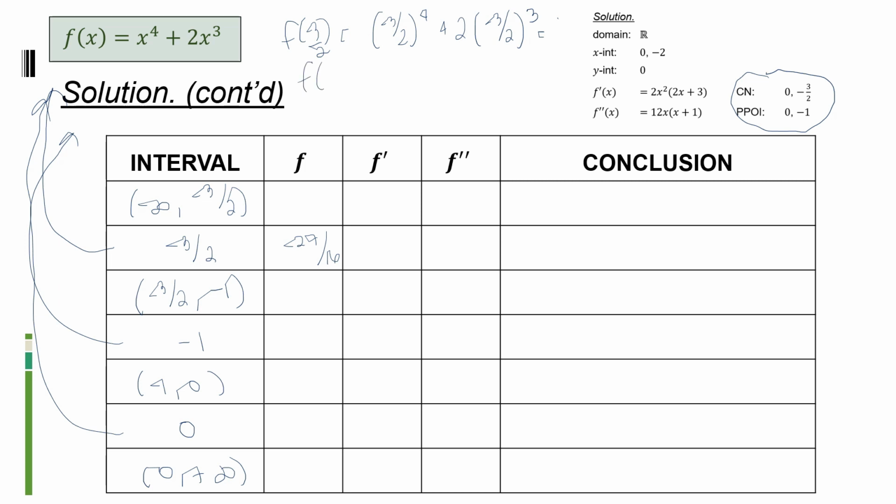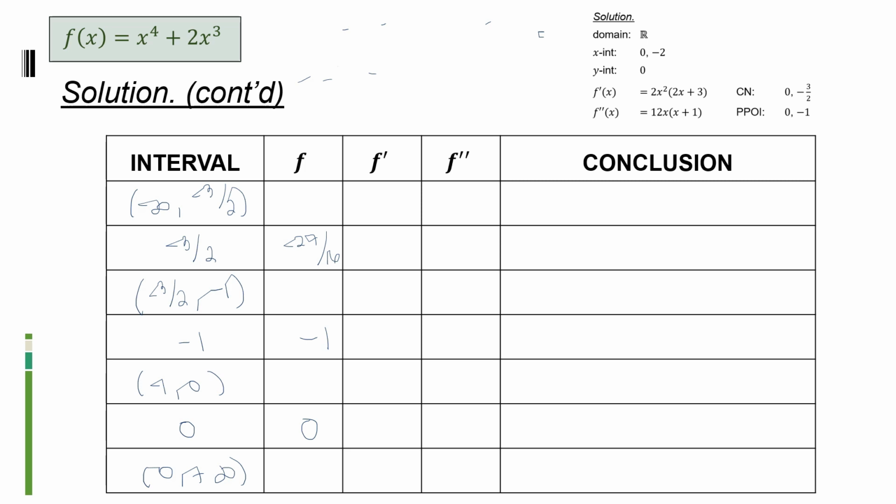F of negative 1 is equal to negative 1 raised to 4 plus 2 times negative 1 cubed. That is just equal to negative 1. And finally, f of 0. So alam na natin, 0 raised to 4 plus 2 times 0 cubed is just 0.